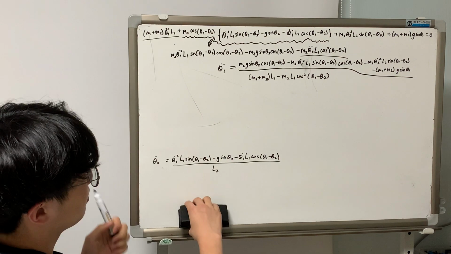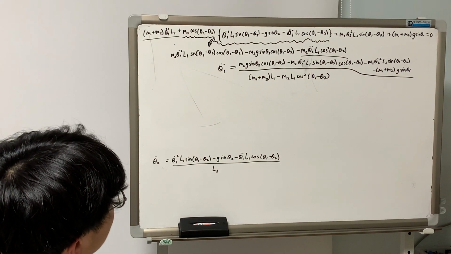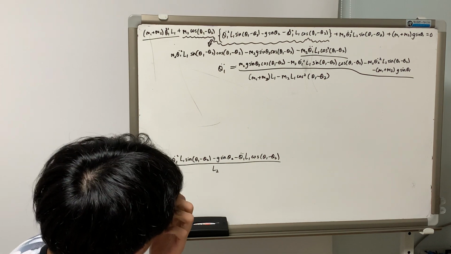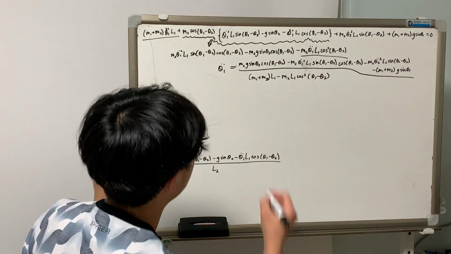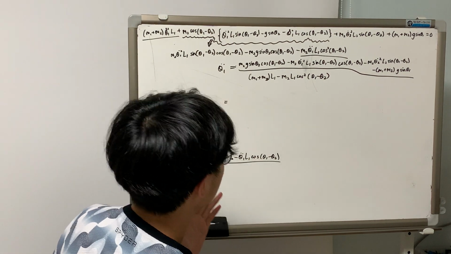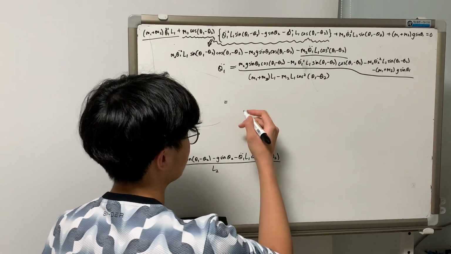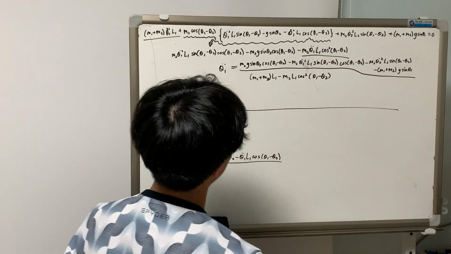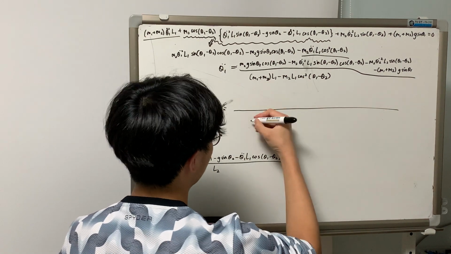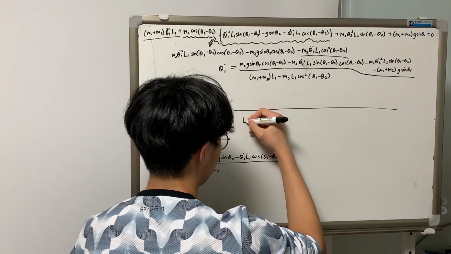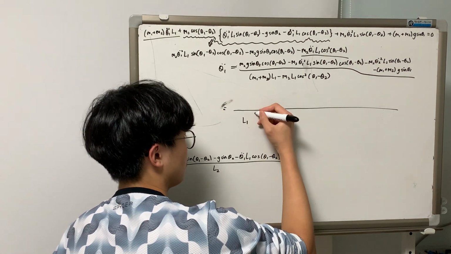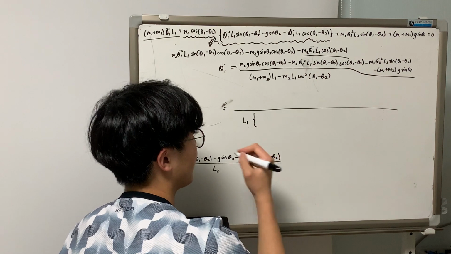It would be even more convenient if we wrap some values. For convenience, let's say this is going to be equal to a long expression. Let's wrap everything here by L1, because when we code, it's good to wrap things, because that makes our lives easier. We reduce the number of multiplications we have to do.